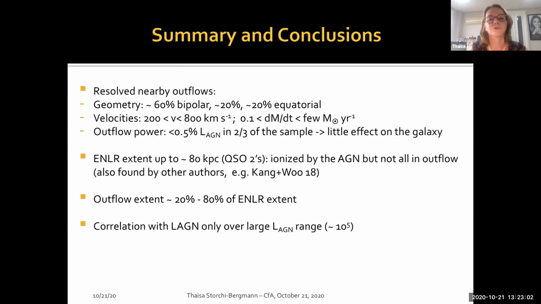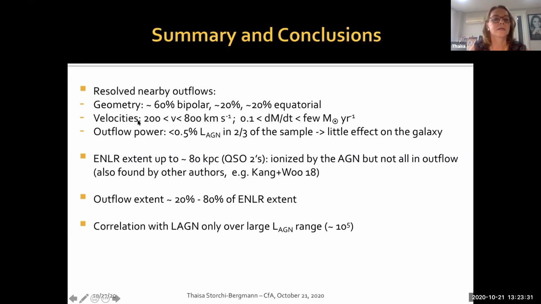So we find these outflows that are perpendicular to the ionization axis or the presumed outflow. Frequently this is found in radio galaxies and galaxies that have a radio jet. And this equatorial outflow seems to be like an expansion of the gas by the passage of the jet.